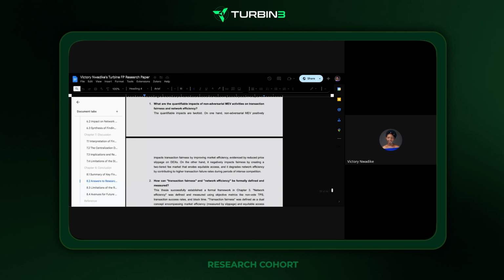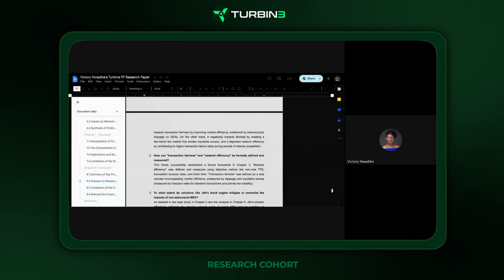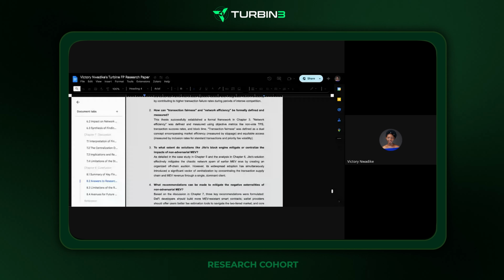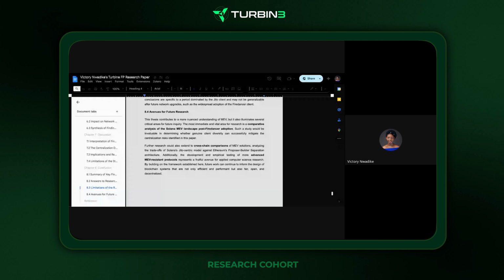But on the other hand, for standard users like us that don't pay high priority fees like Jito tips, we get to experience slow transactions. The network gets to be slower for us. So that was basically what I found out. Okay, thank you very much.